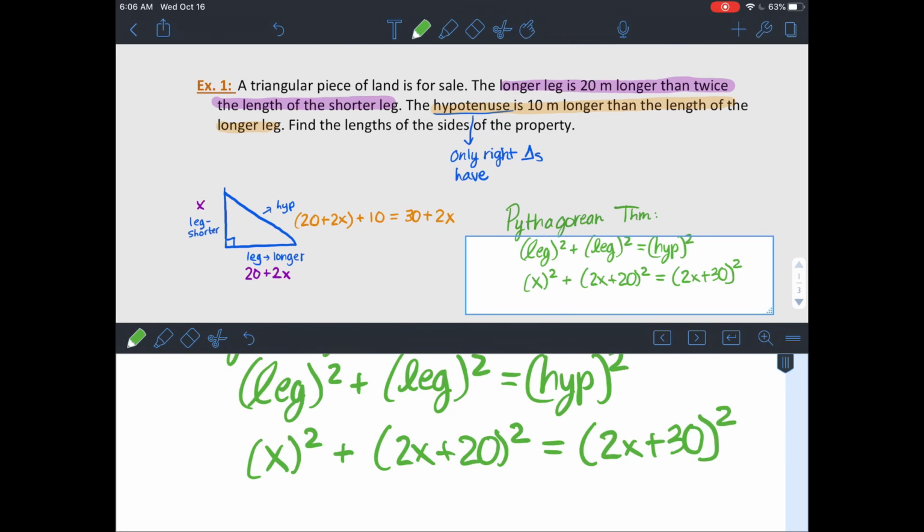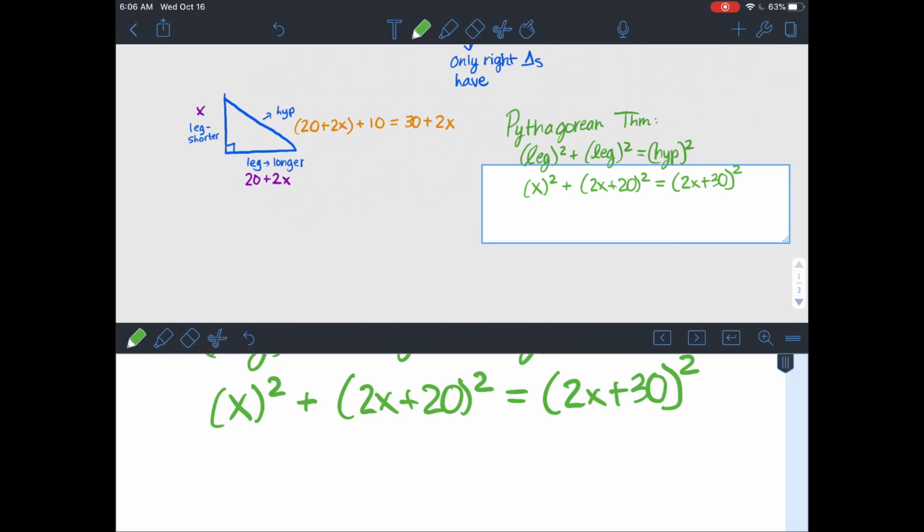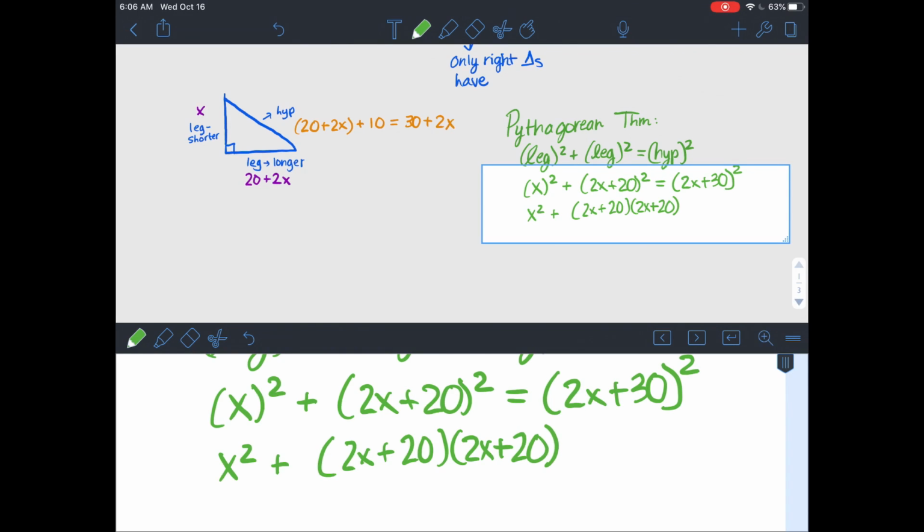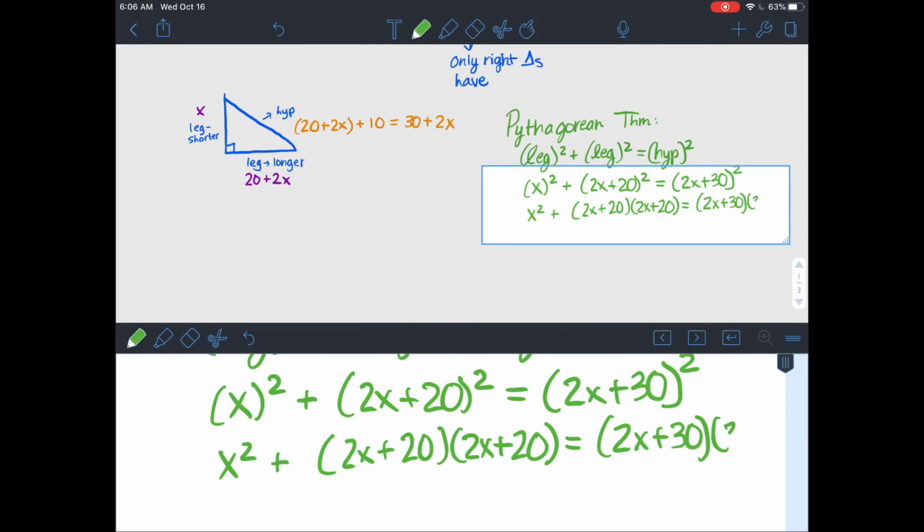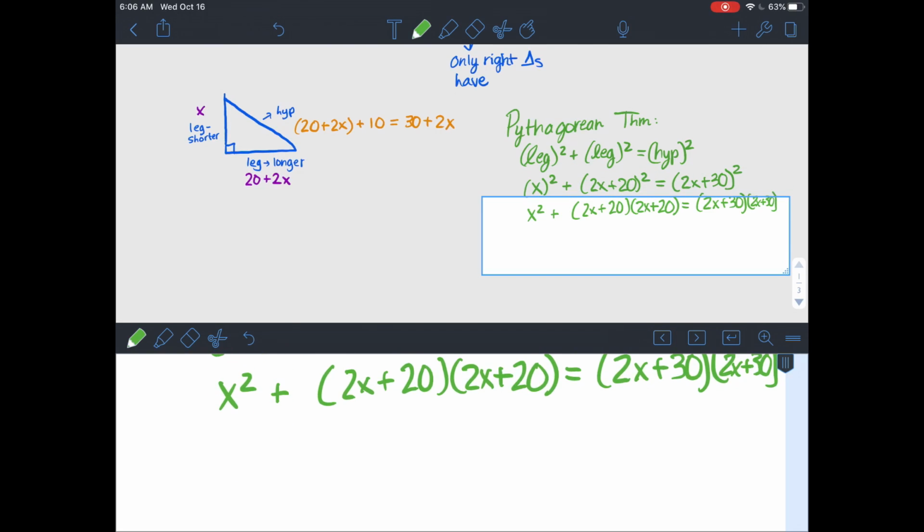And then it's just going to take some algebra and a solving. If you're squaring something, remember you need to multiply it times itself. So I'm going to go ahead and write these out twice. It's going to be a little bit of algebra, but we're going to get there. So squaring your x is just x squared.